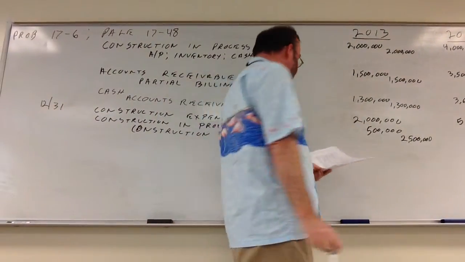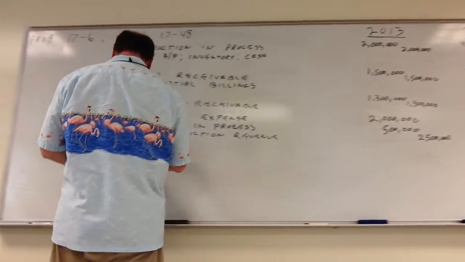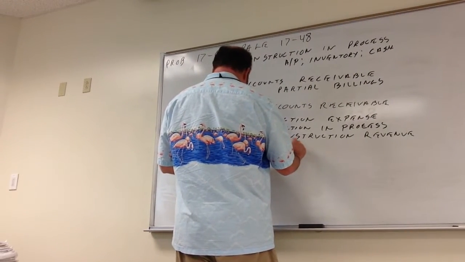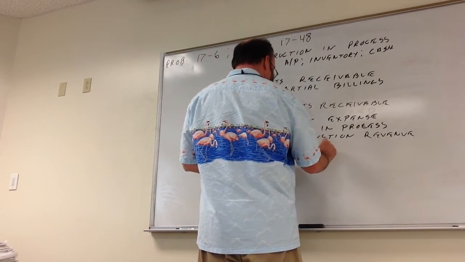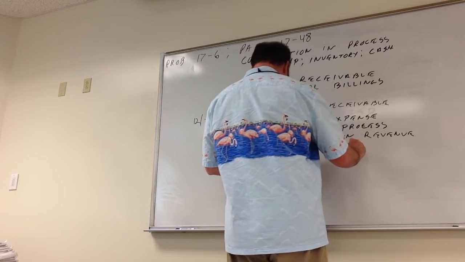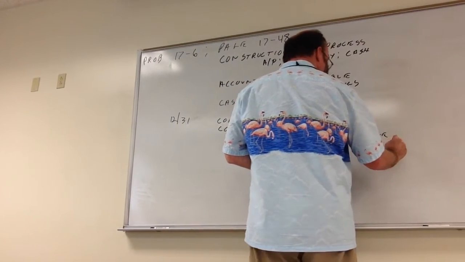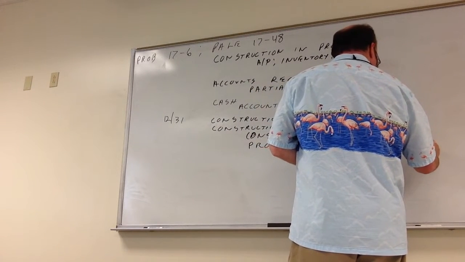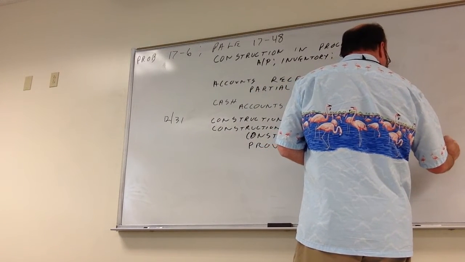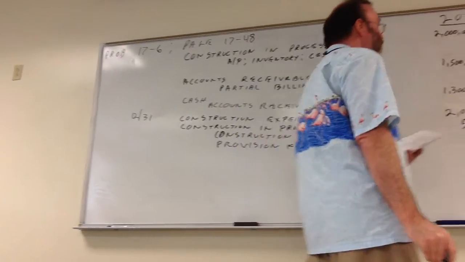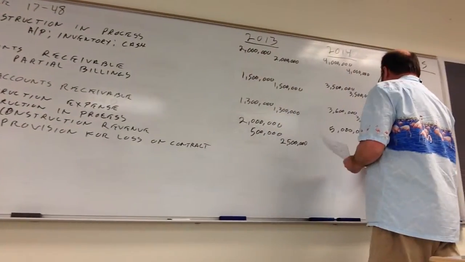And then the last thing we're going to do is add in a provision for loss on contract. And that's the $2,000,000.